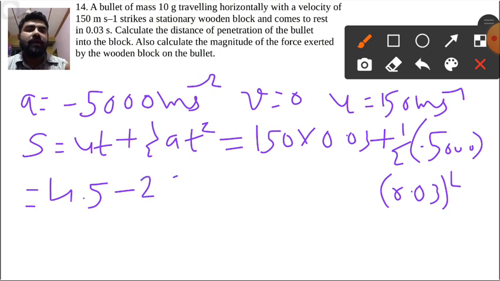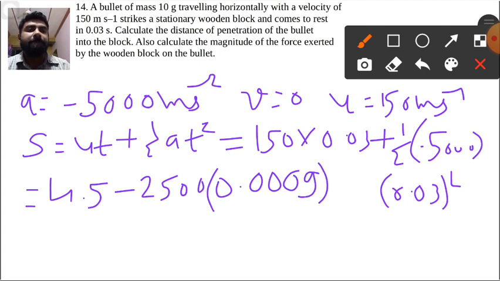So 2500 into 0.03 square, right? So 3 by 100 into 3 by 100, so 0.0009.